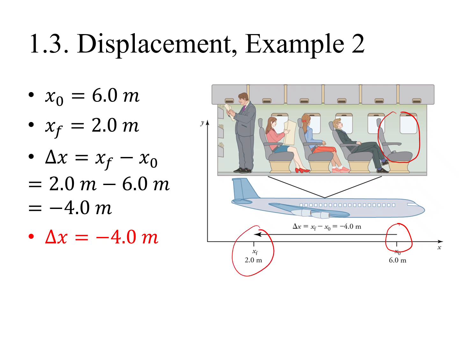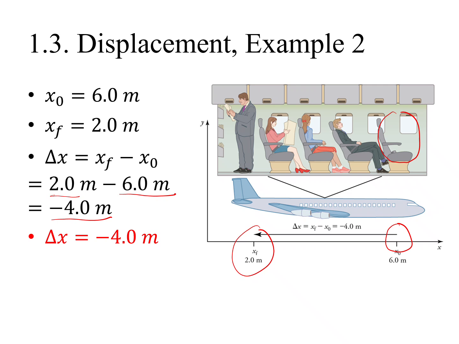So the change in position is now x final minus x initial. x final is 2 meters, x initial is 6 meters, so we get the answer of negative 4 meters. Now the displacement is negative 4 meters.